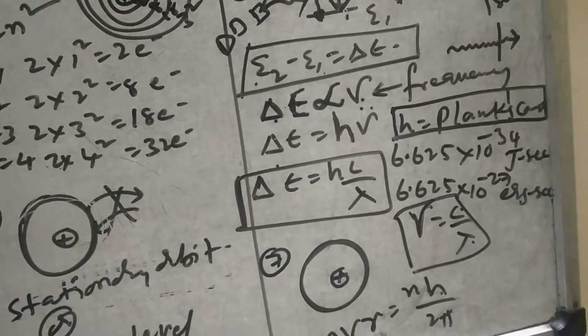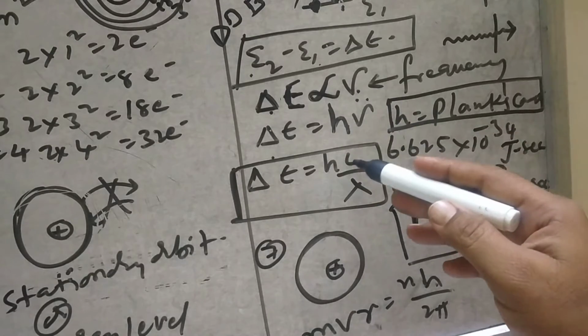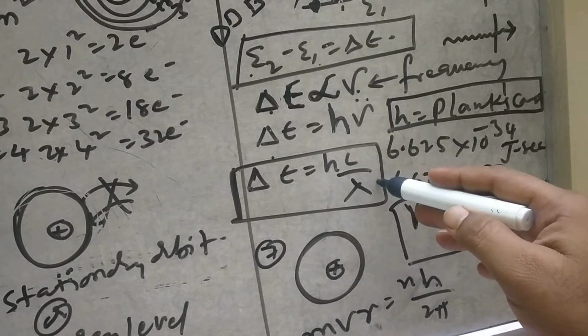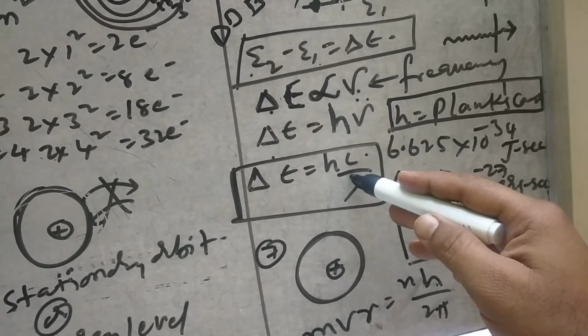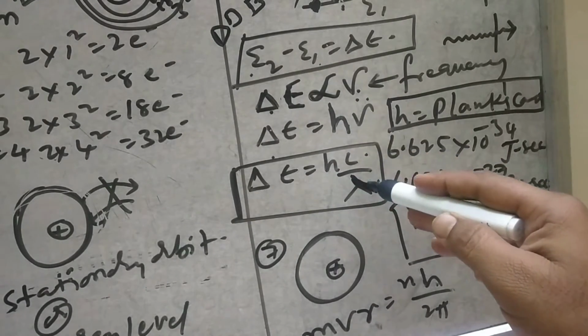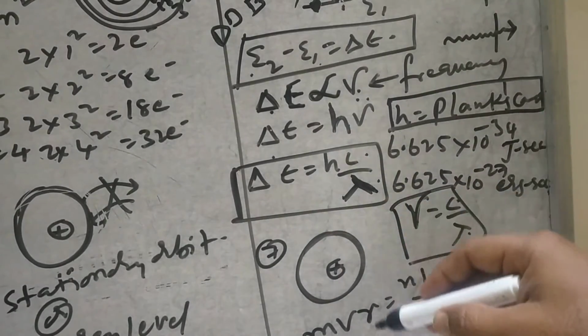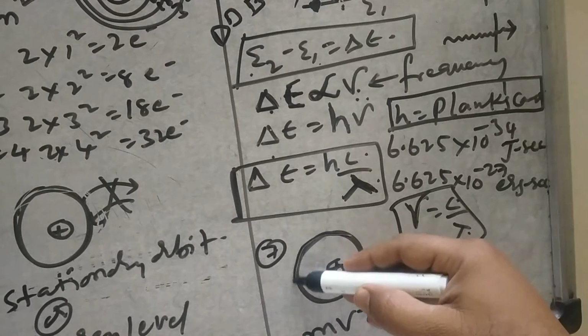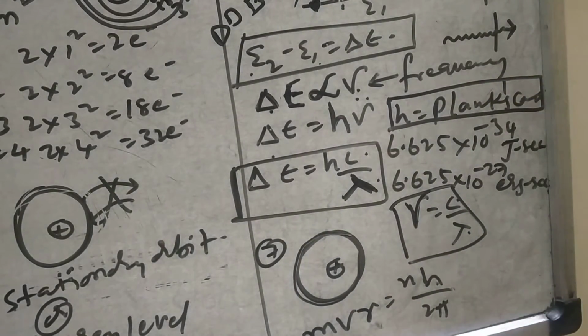So if you substitute the value of nu, delta E equals hc by lambda, where c is the velocity of light and lambda is the wavelength. Then electrons revolve around the nucleus with an angular momentum.